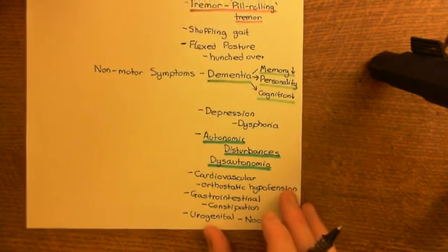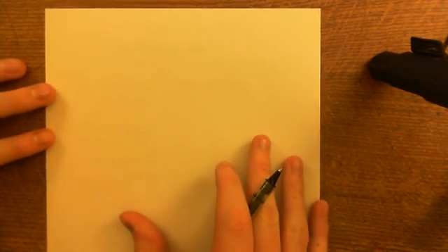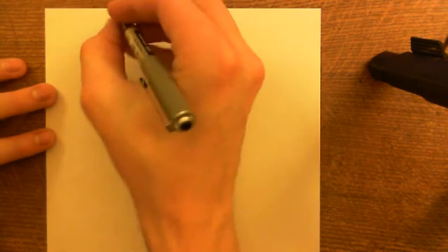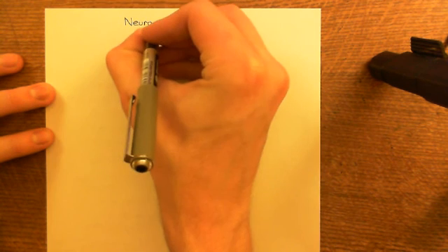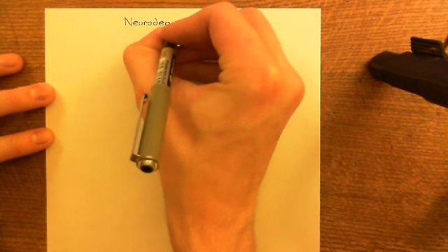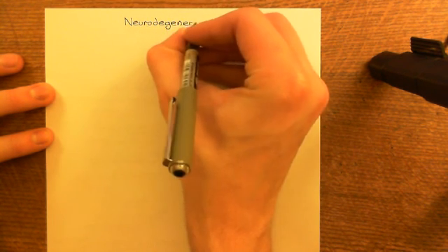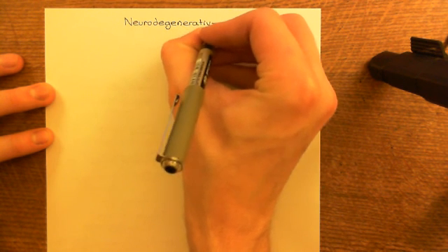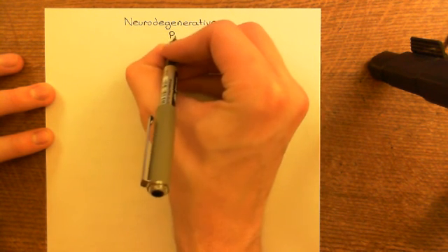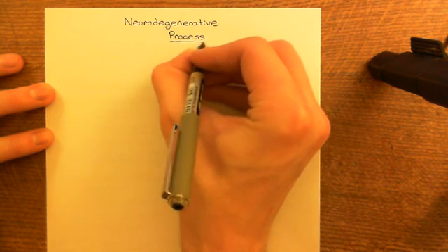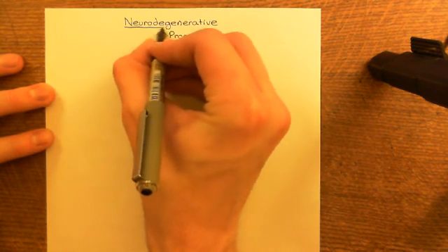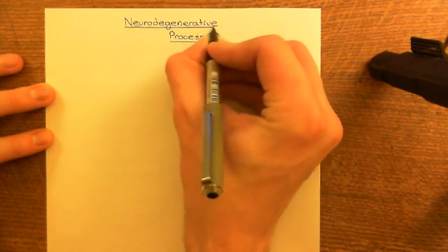Okay, right, so let's go over on to the next page, and let's now begin our discussion of the neurodegenerative process that underlies Parkinson's disease. Okay, so neurodegenerative processes result in neurons dying, and the main neurons that are going to be affected by the neurodegenerative process in Parkinson's disease are the dopaminergic neurons in the substantia nigra.